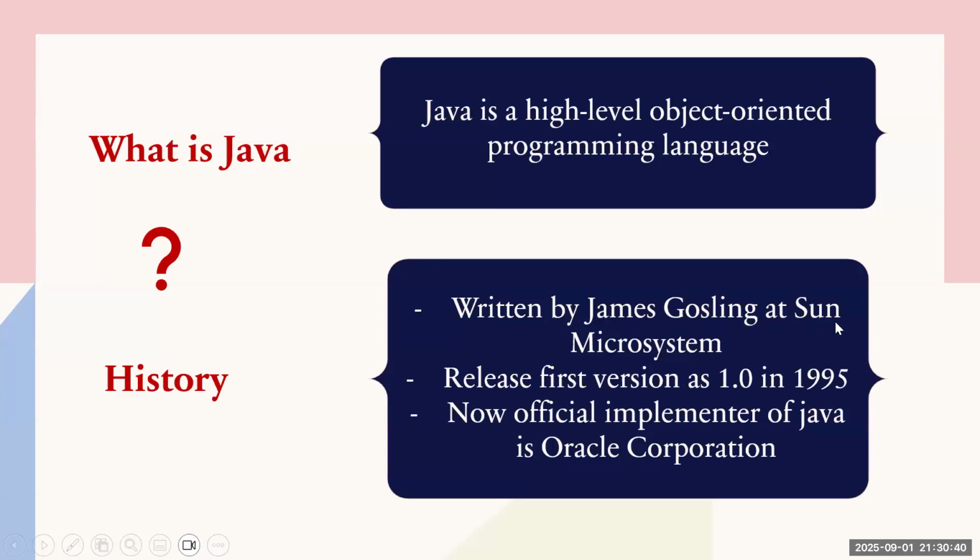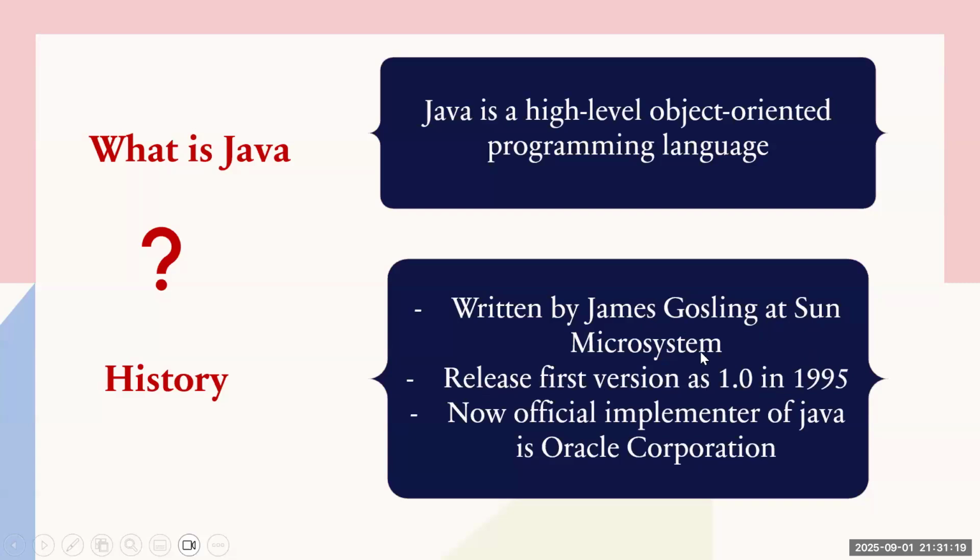He was an employee of Sun Microsystems when he introduced Java. The first release was in 1995 as 1.0, the first version. So Java was released as 1.0 in 1995 by James Gosling when he was working with Sun Microsystems.